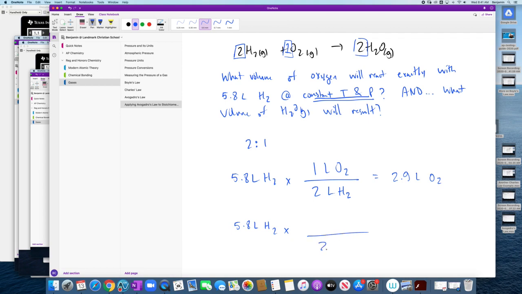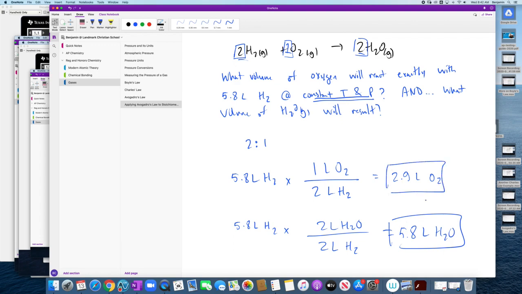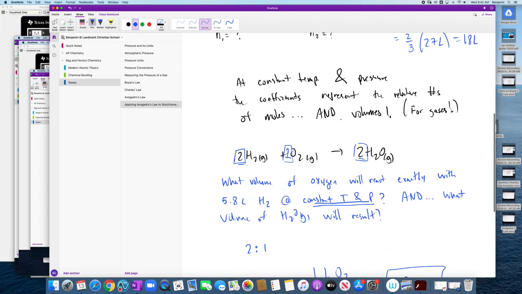Every time 2 liters of hydrogen react, we form 2 liters of water vapor. So we would form 5.8 liters of water vapor. Those would be our 2 answers. These coefficients also represent the relative volumes when you're at constant temperature and pressure.